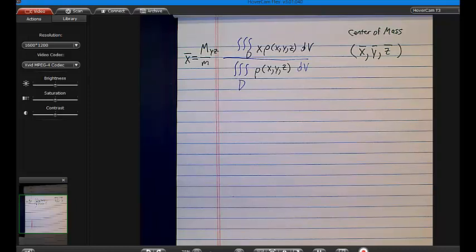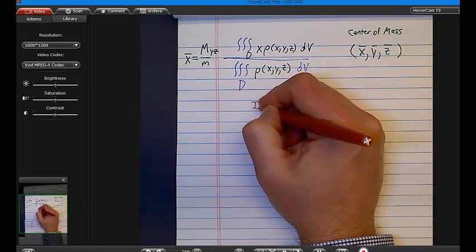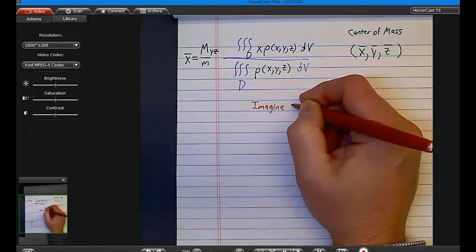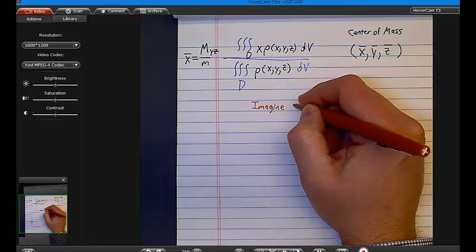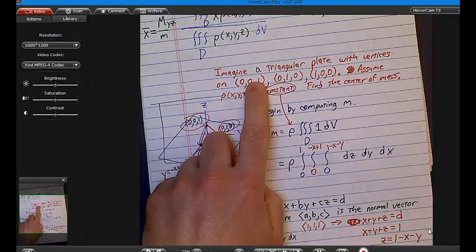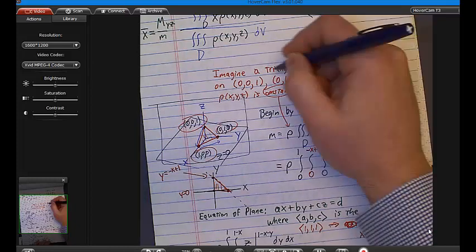Okay, so here's a classic example. Suppose I have, so let's imagine a triangular... I said imagine a triangular plate, right? That's not really what I want.